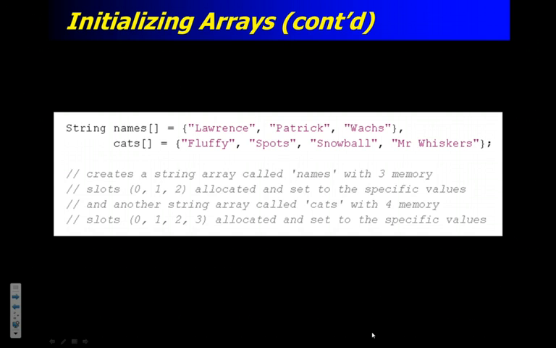Because this would have been so long, I put a line break in there. Here I say, here's a string array called names and all its values, comma, cats and all its values. And here I show that if you put the square brackets on the variable name, you'd have to do it twice. If I put them after string, I would have only had to do it once.